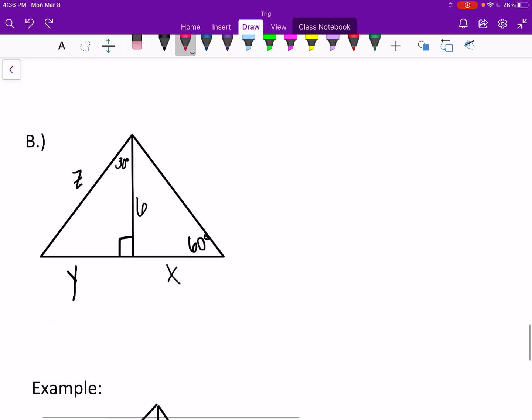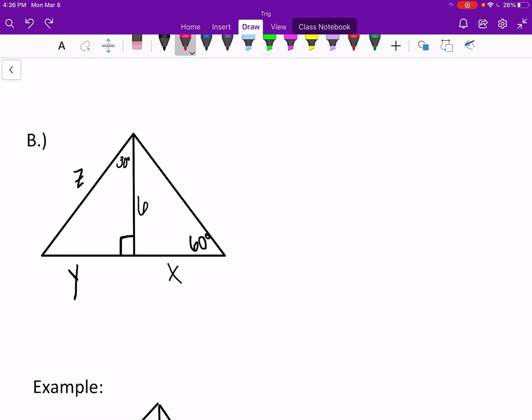So I want the equation that deals with the short leg and the long leg. So our theorem says that our long leg is equal to the square root of 3 times our short leg.